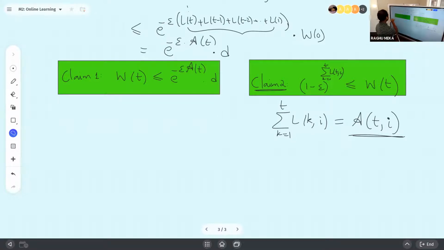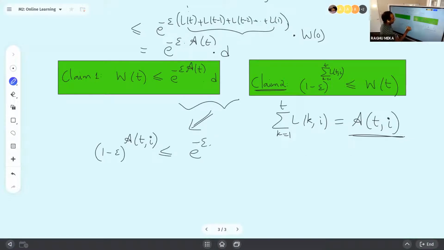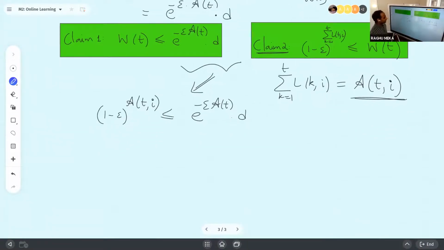These two together imply that the performance of the best expert can be controlled via this inequality. And what does this say? Now I have an inequality which relates the performance of our algorithm to that of any expert.